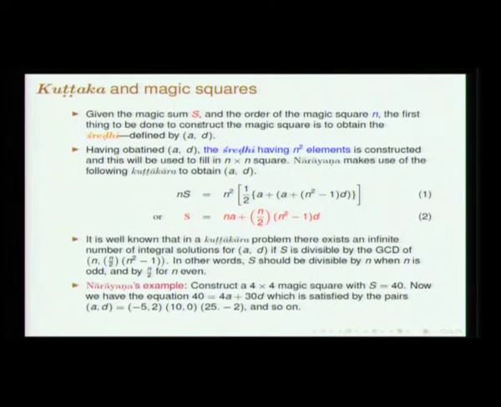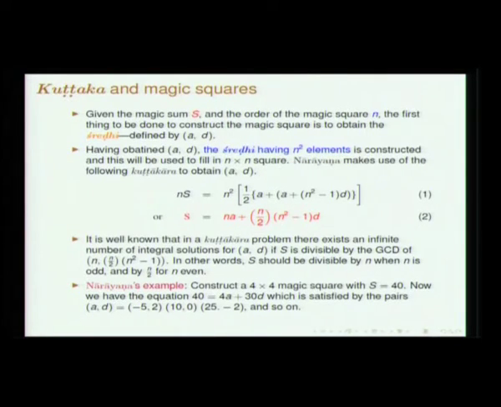Given the magic sum S and the order of the magic square n, the first thing to be done in constructing the magic square is to obtain the Shredhi, which is defined by A and D. So n square elements have to be constructed. Narayana makes use of this Kuttakara, in fact he uses the word Kuttaka also. In this equation 1, S is the sum, by which we mean diagonal, pan-diagonal, vertical or horizontal, that is the magic sum.